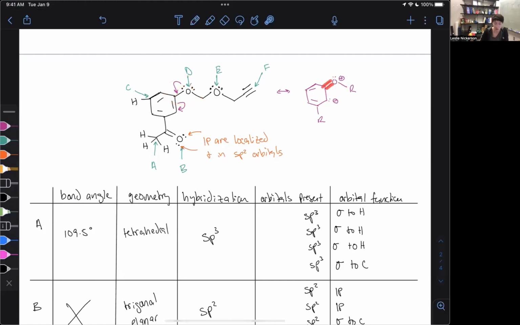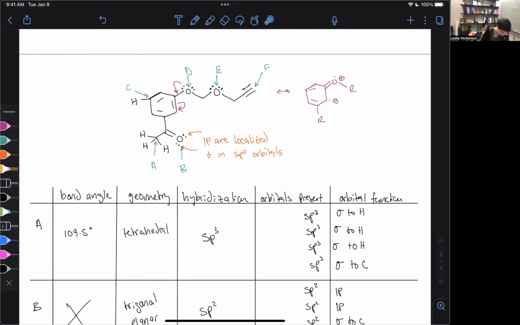Because now I have something that looks like a pi bond here. So if I have it as sp3 hybridized, that means I'm basically saying I have no resonance possibility here and that I can't do this. But if I can do this, if this is reasonable, which it is, then that means that that lone pair has to be in something that can do resonance. So it has to be in a p orbital, essentially.